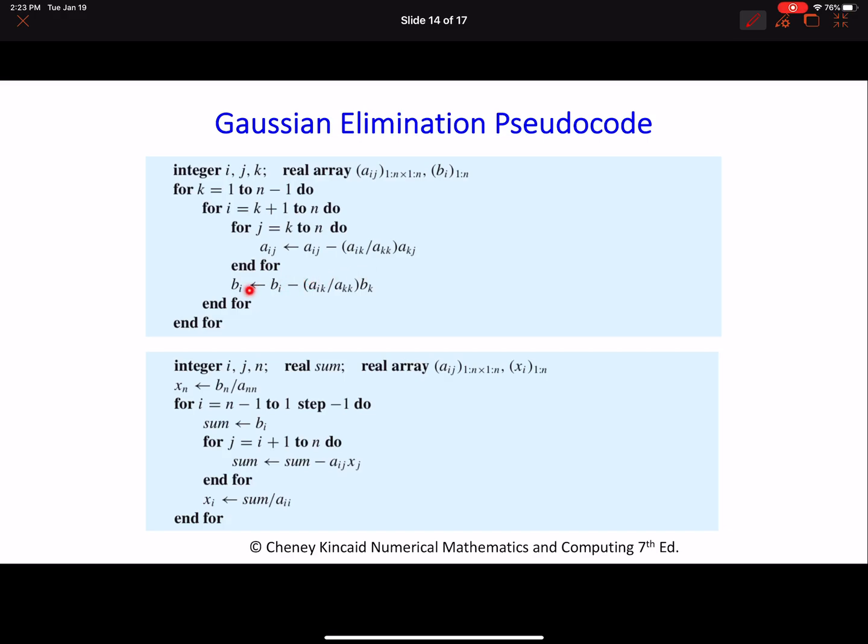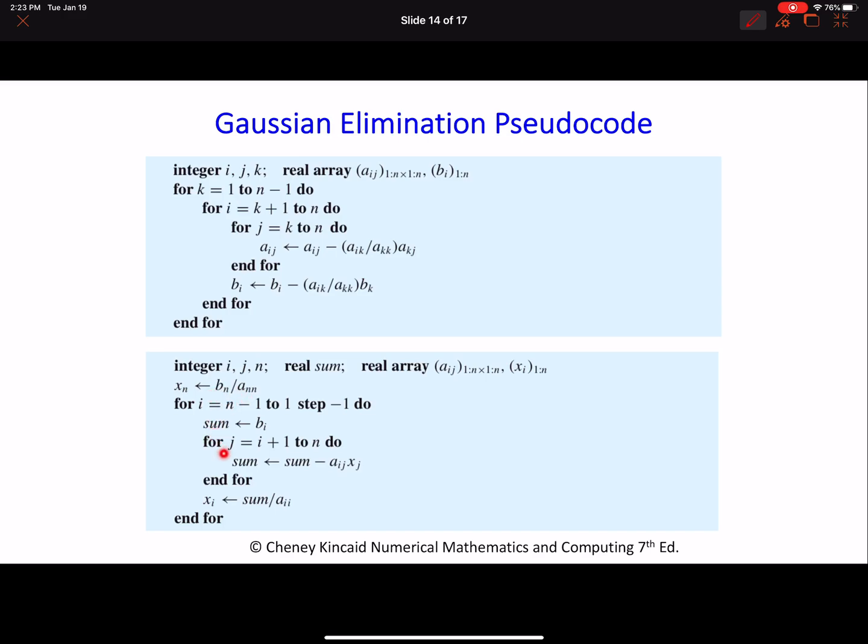And of course, you do the same thing for the right-hand side. This procedure will give you a new augmented matrix where the values below the diagonal have been set to 0. You then start the backward substitution by assigning the value of the last unknown. That was easy.